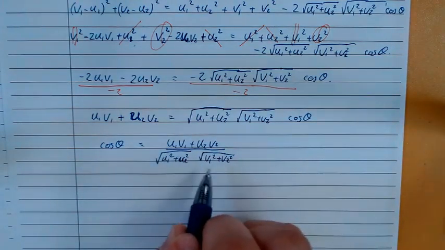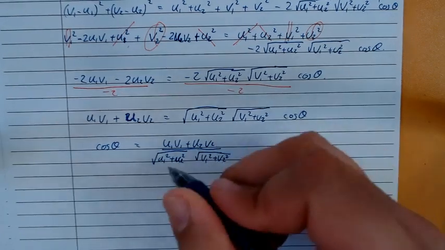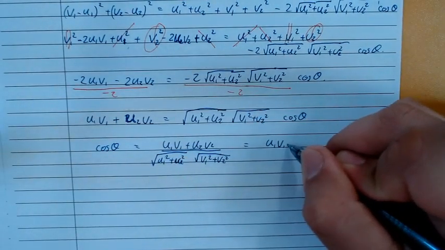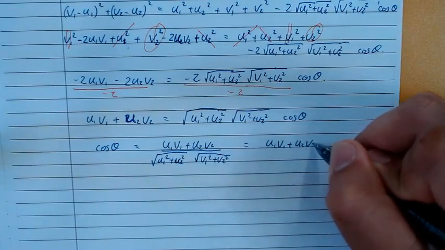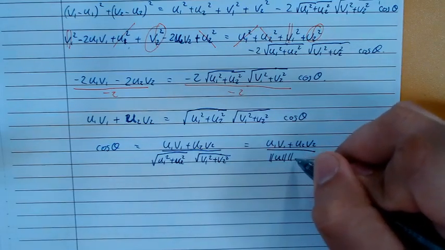But we know what these are. These are just the magnitudes of u and v. So here that's equal to u1v1 plus u2v2 over the magnitude of u times the magnitude of v.